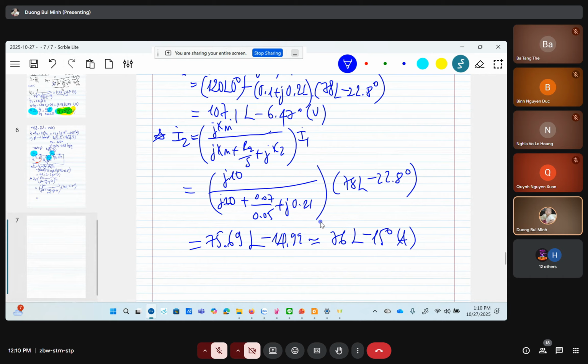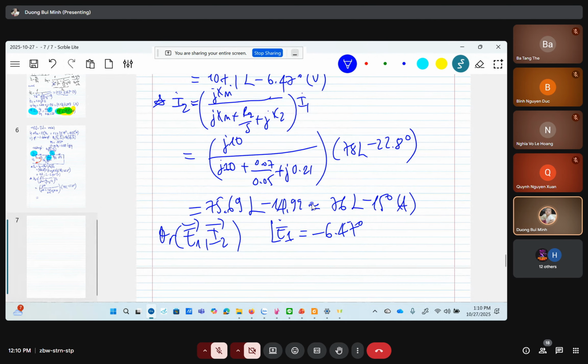So now theta R is the phase angle between E1 and I2. The phase angle of E1 is minus 6.47, and the phase angle of I2 is minus 15.